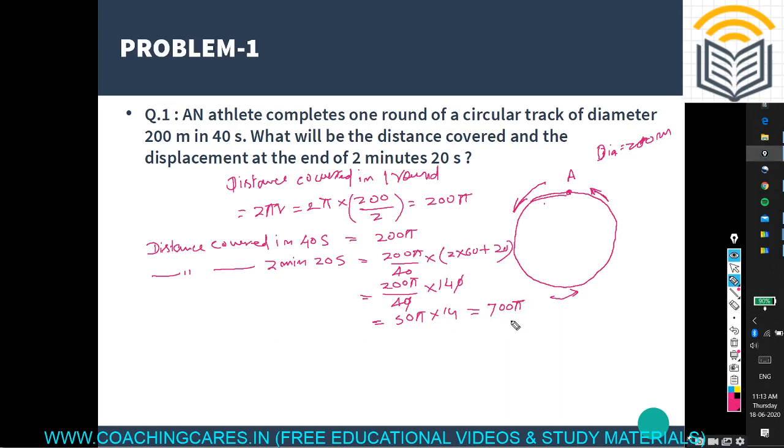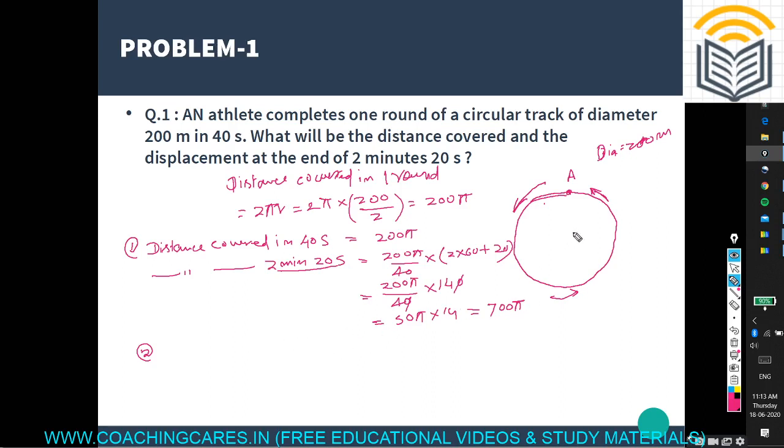So this is the total distance covered in this duration, right? Okay. So this is the first answer we got. The second question is to calculate the displacement for this time. So just imagine after 140 seconds, this athlete has covered 700 pi distance.